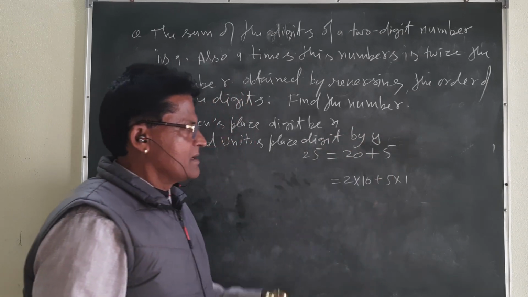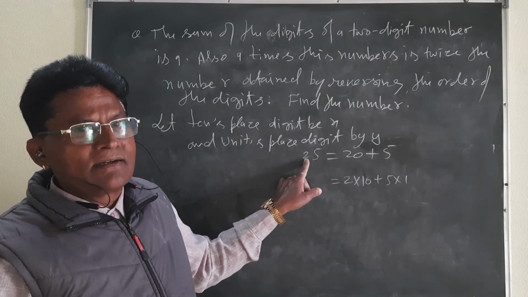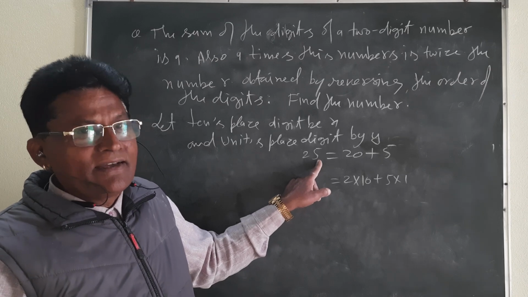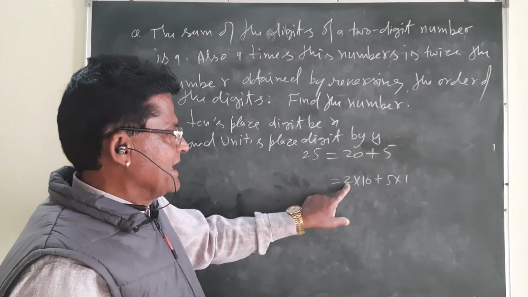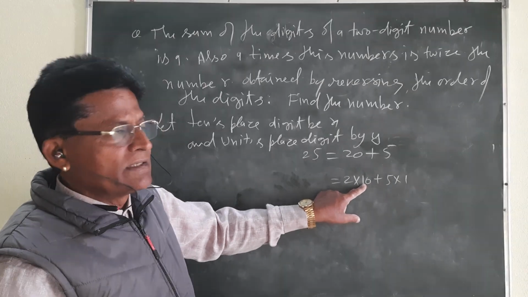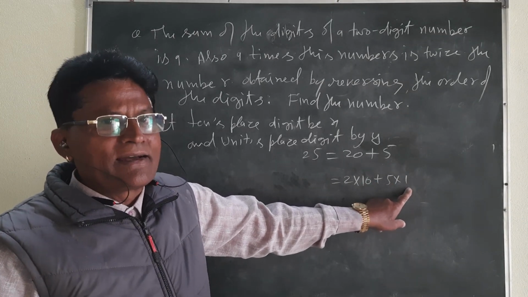That we have assumed. At the tens place there will be x, and at the unit place that is y, and you write x into 10 plus y into 1. You will get the number.